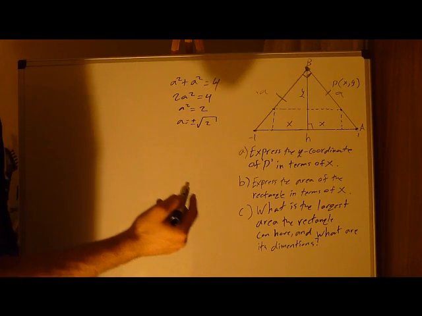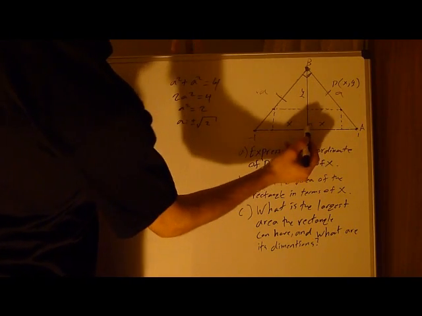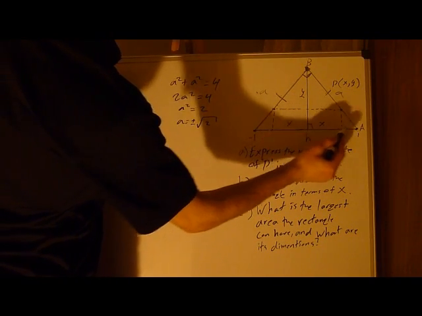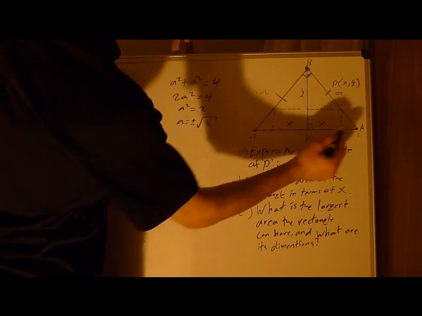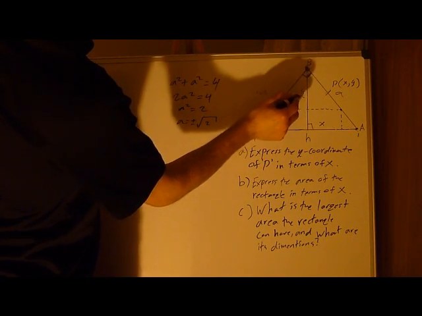Now, we have the length of the hypotenuse over here. Now we're interested in this middle triangle to find the length of y.